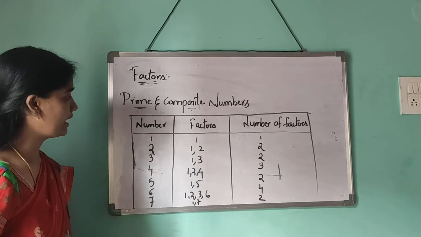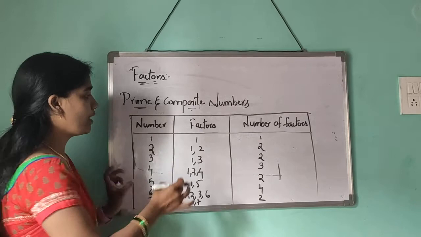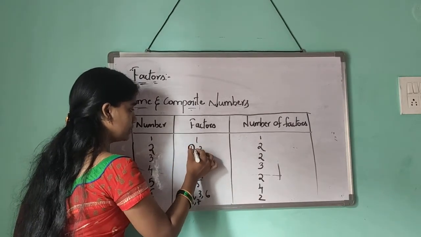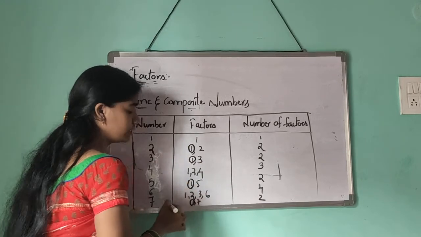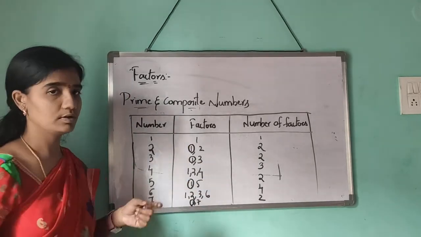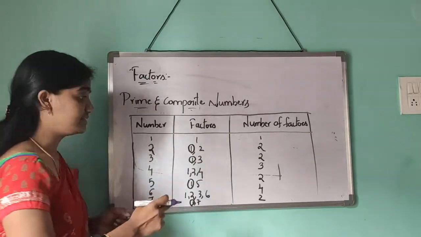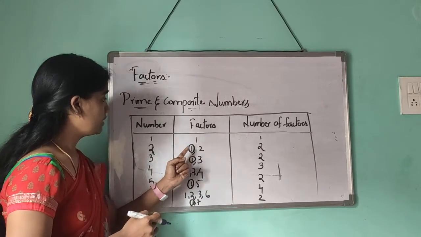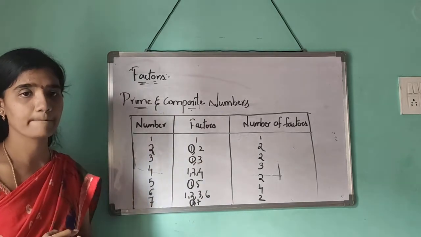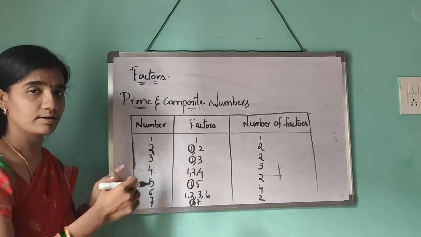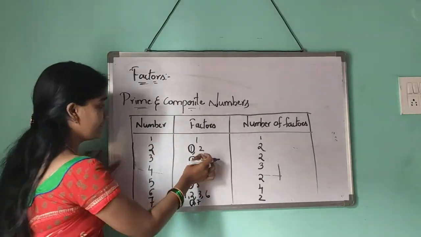Among these factors of 2, 3, 5, 7, 1 is common. The second one is that the number itself is a factor.